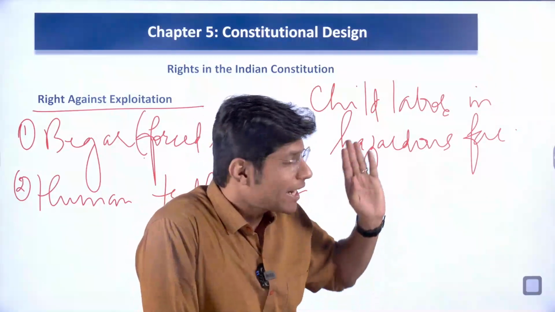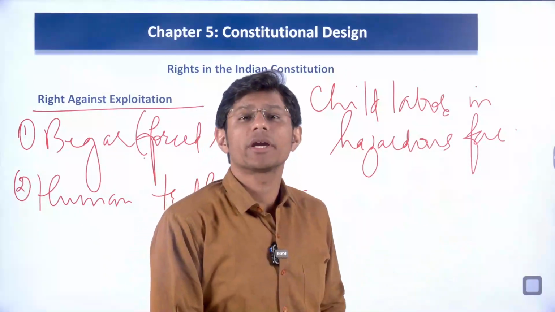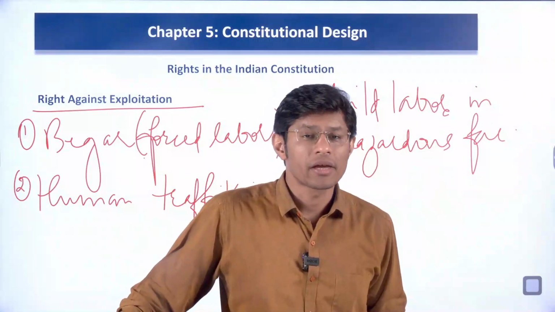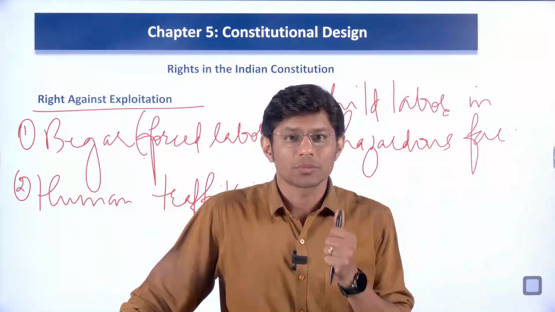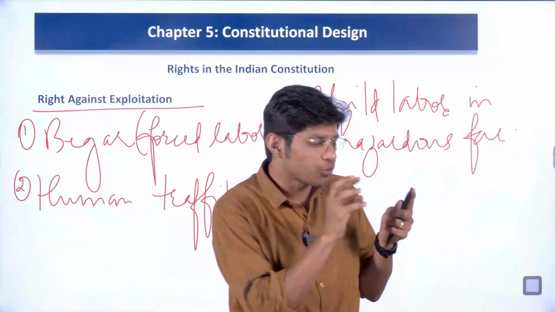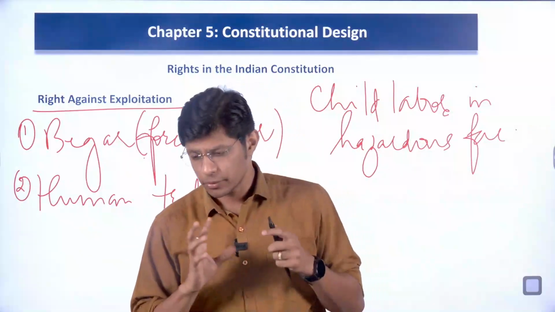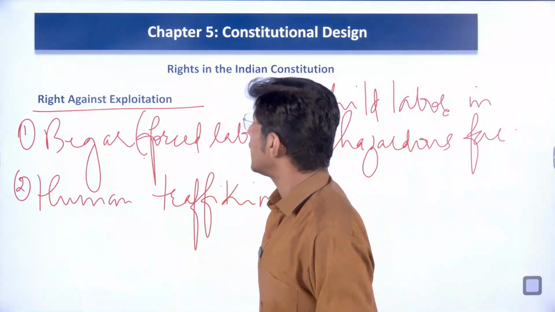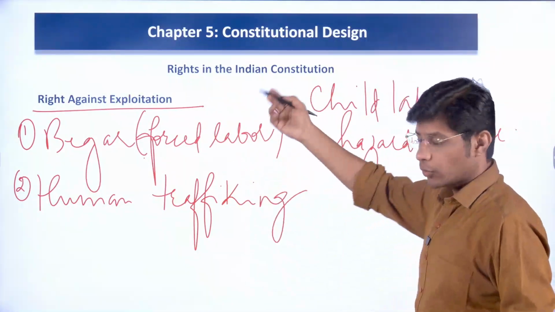With child labor illegal and right to education now a fundamental right, this right against exploitation provides legal protection to the most vulnerable people. This is right against exploitation, which is Article 23 and 24.